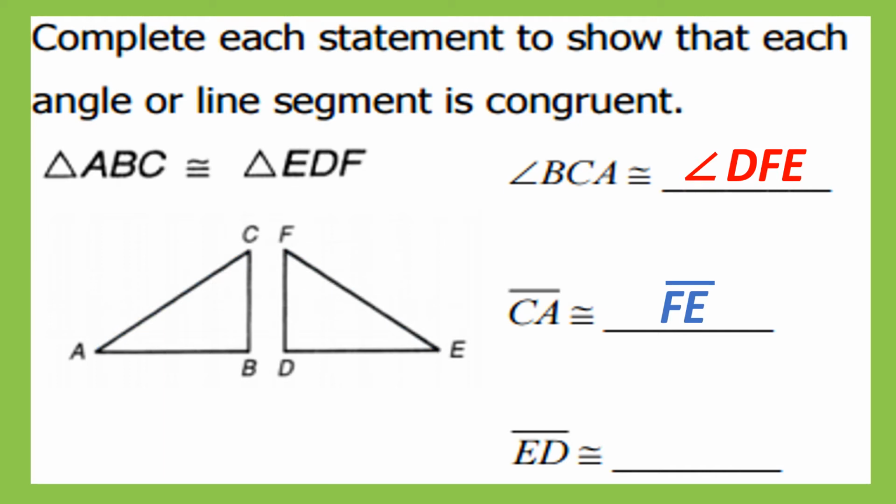And last one, line segment ED. Oh, we're starting on the right triangle this time, and we're going from the E to the D. So now if I do that corresponding congruent line segment on the triangle, it's going to go from ED. Let's see. I think it's going to start on the far end, and we're going to have AB. Those are the congruent corresponding parts.